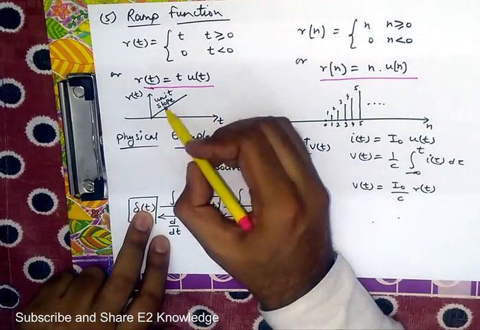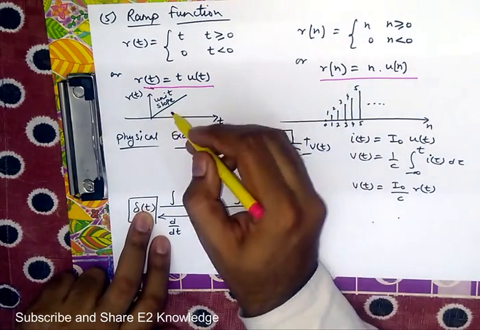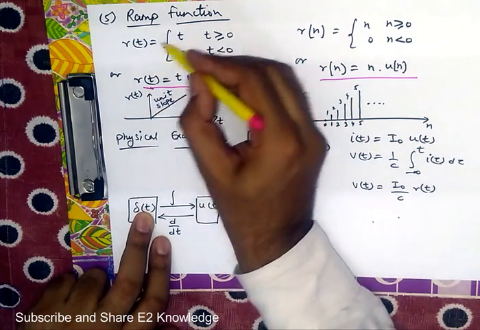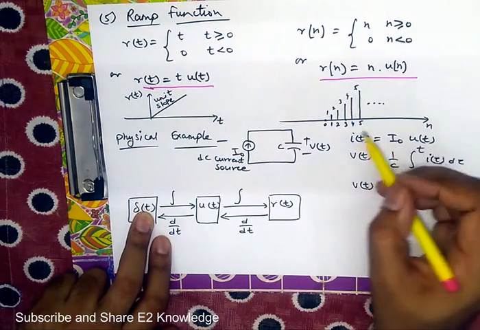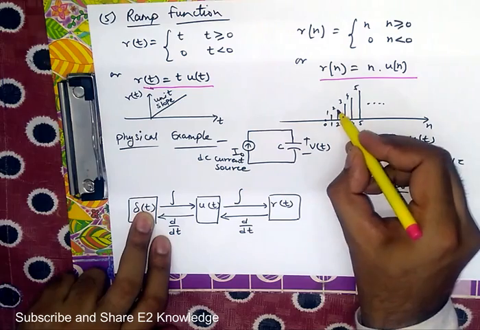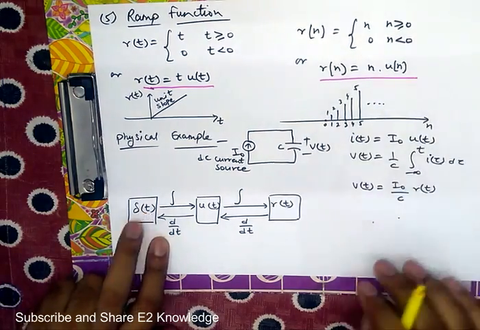The representation is very easy, a single line having unit slope. At 0 position its value is 0, at 1 position its value is 1, at 2 position its value is 2, and so on. So it is basically a unit slope.